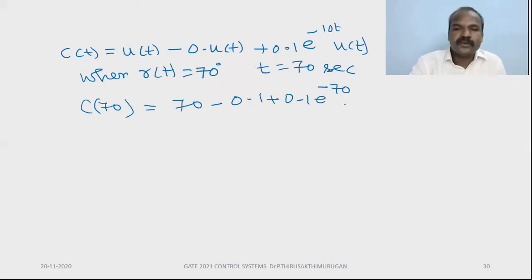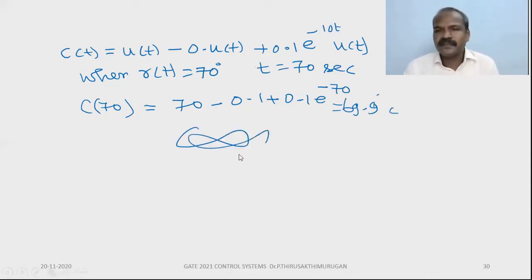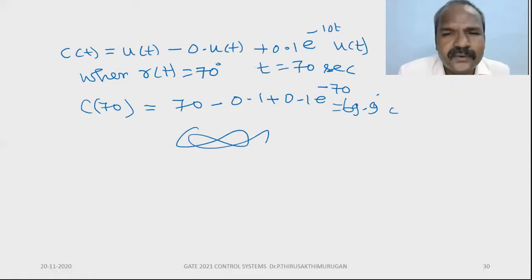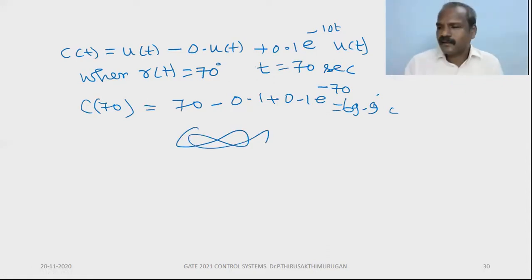So this will be equal to 69.9 degrees Celsius. So this is also another way of solving this problem, right? With this, we conclude today's lecture. We will meet in the next lecture. Thank you very much.